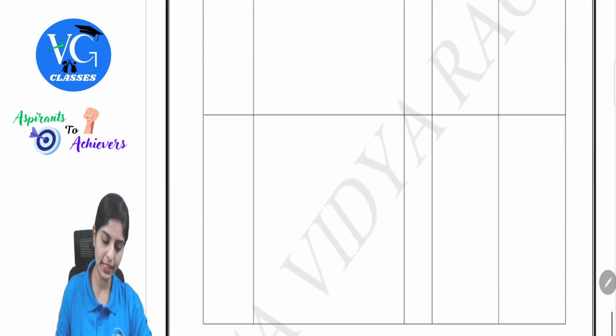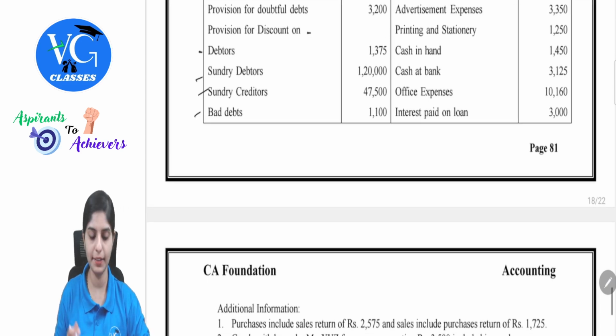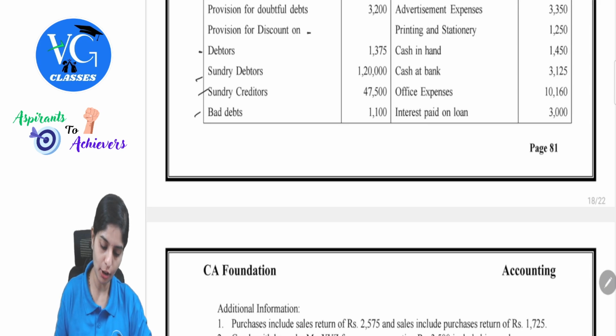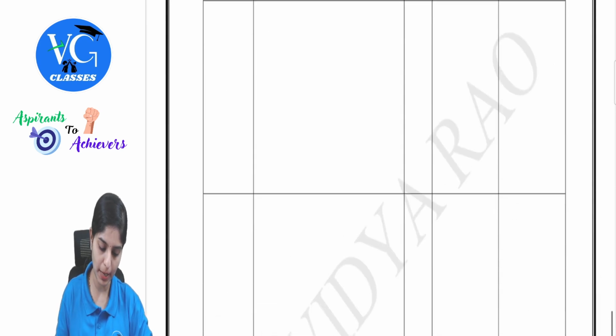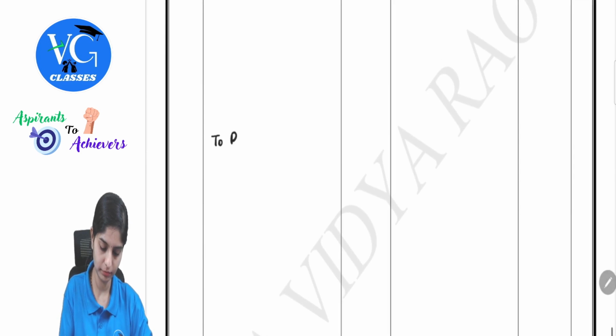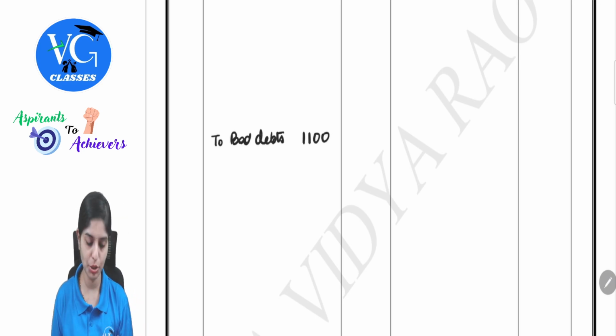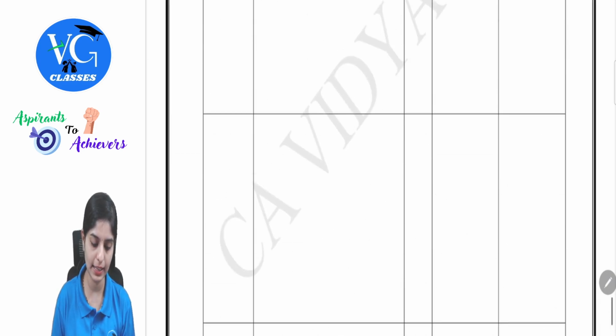Then there was bad debt. Bad debt coming inside the trial balance. That means it is already treated. So it will be a normal loss 1,100 to bad debts. Since there is provision, I will help you out on how the treatment should be done here. That's why I'm writing this in the inner column.